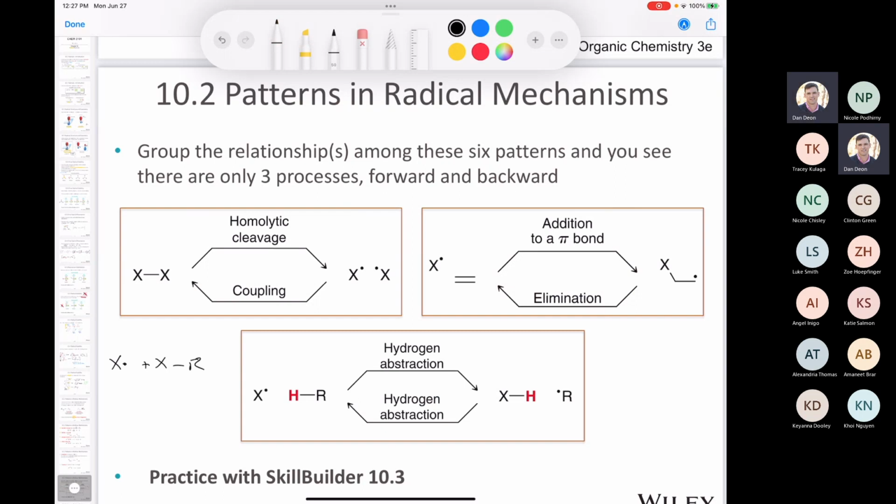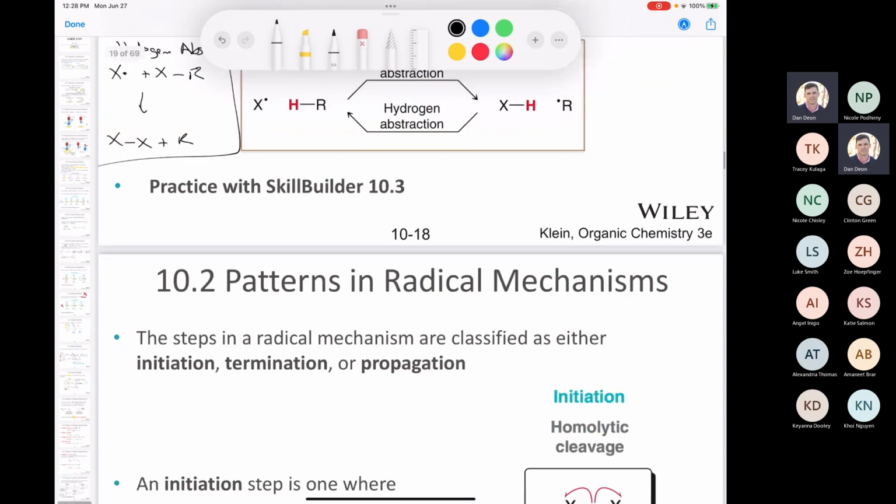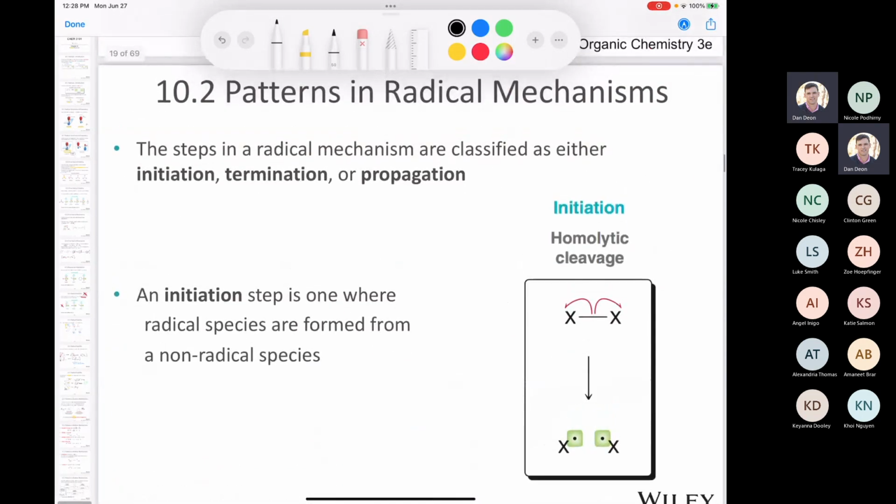So halogen abstraction, just like that, is where we end up with X2 plus a radical, and that's also, again, unto its own kind of thing. Okay, so there we go. That was pretty quick. Now let's look at them in more detail.